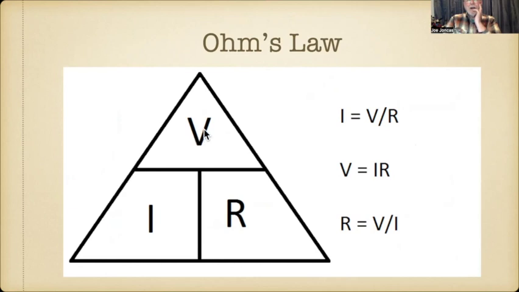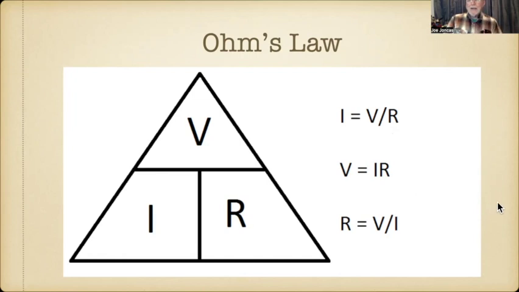If you want to know what the voltage is, you multiply the current, I, times R. If you want to know what the current is, you divide the voltage by the resistance. If you want to know what the resistance is, you divide the voltage by the current. So I is equal to V, or I say E, over R, E being the electromotive force; V is equal to IR; and R is equal to V over I.